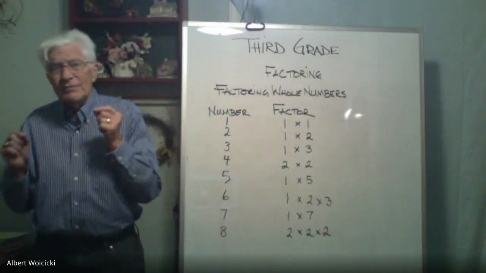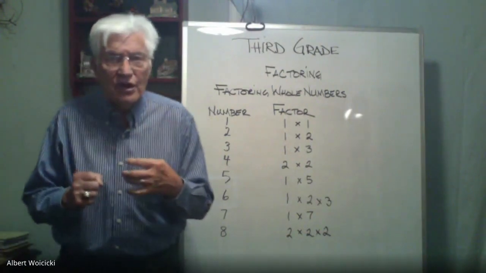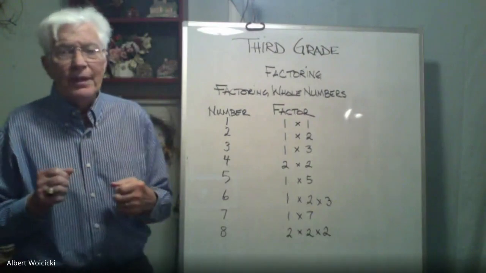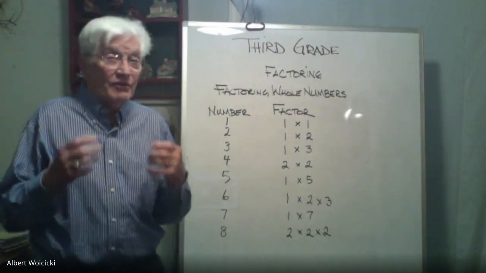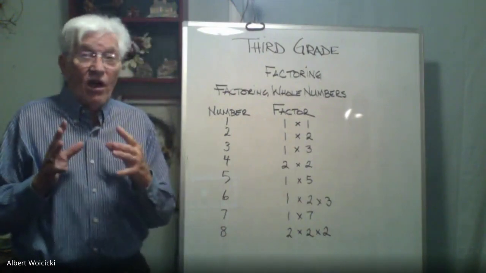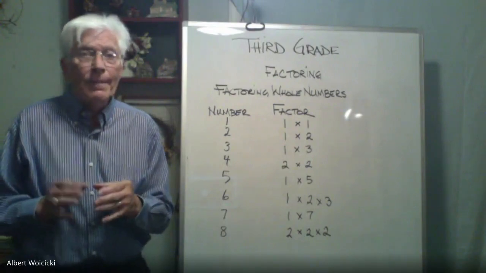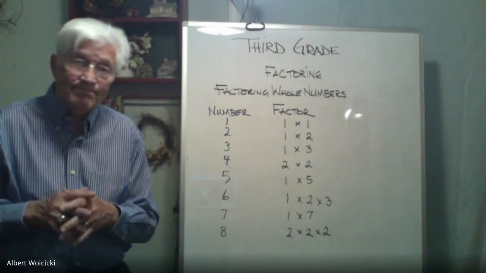Now, your kids are going to be factoring whole numbers a lot of times, but wouldn't it be great to have a sheet of paper that they've done, that they can keep, that they'll always have with them, that has all the factors that they need?